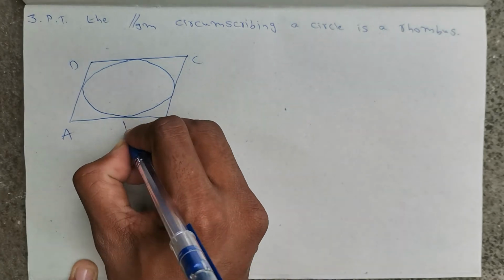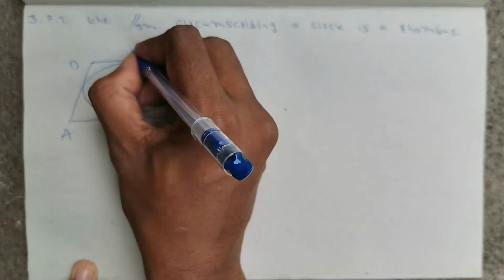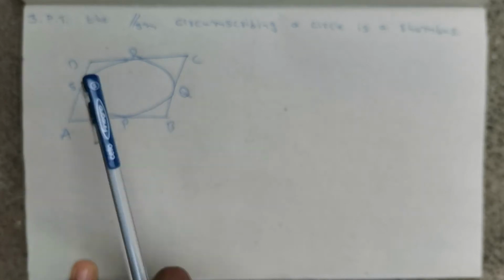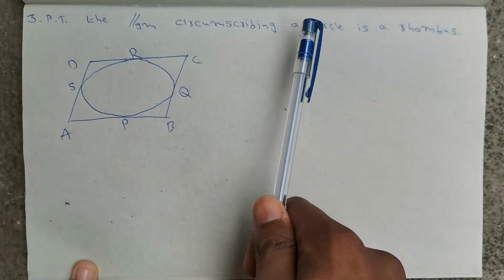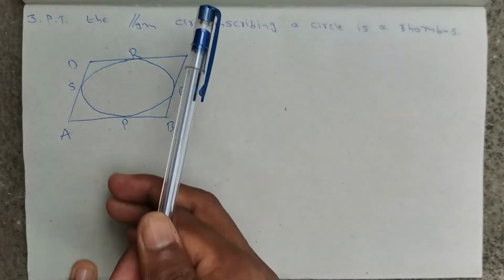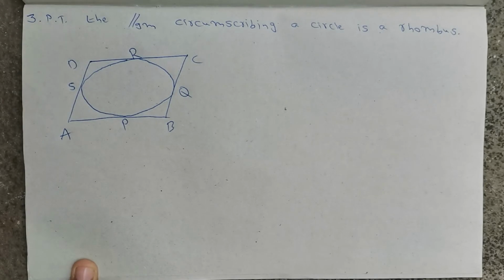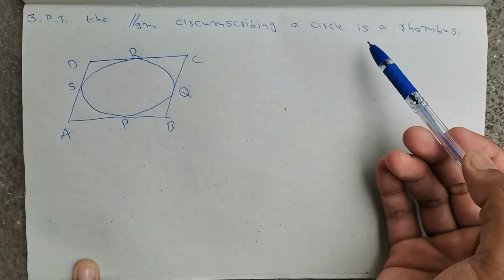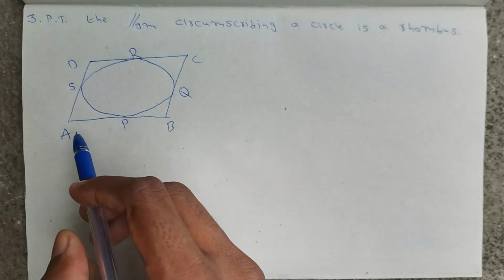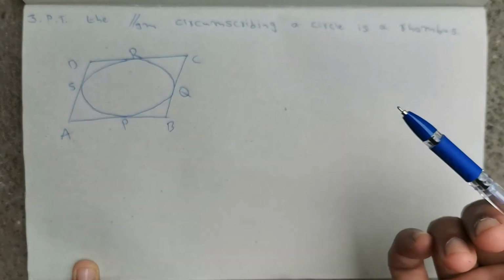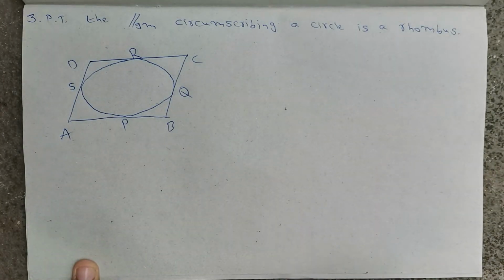I am writing these points as P, Q, R, S. Parallelogram circumscribing a circle means inside the parallelogram, one circle is there. So now, we need to show that this outer figure, that is the ABCD parallelogram, is a rhombus.